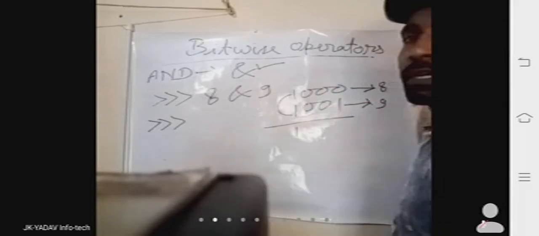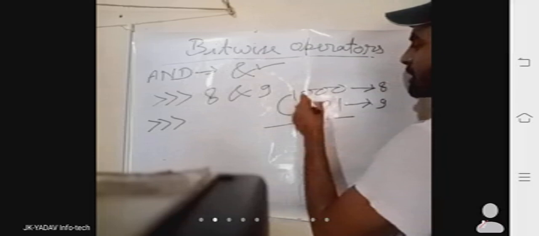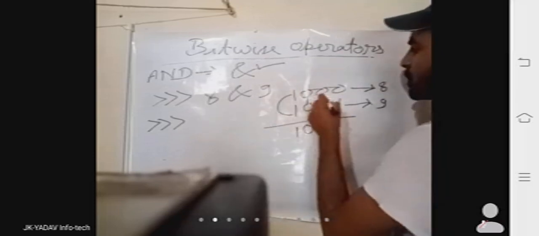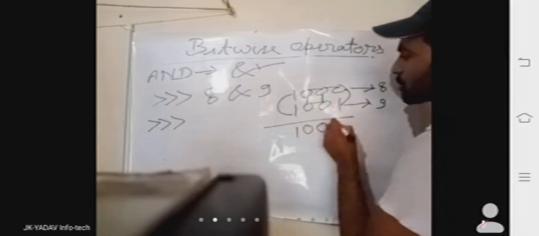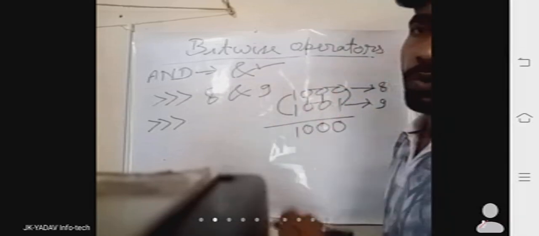Now if you compare according to the bitwise AND operator, 1 and 1 will give 1, 0 and 0 will give 0, 0 and 0 will give 0, and last 0 and 1 will also give 0.